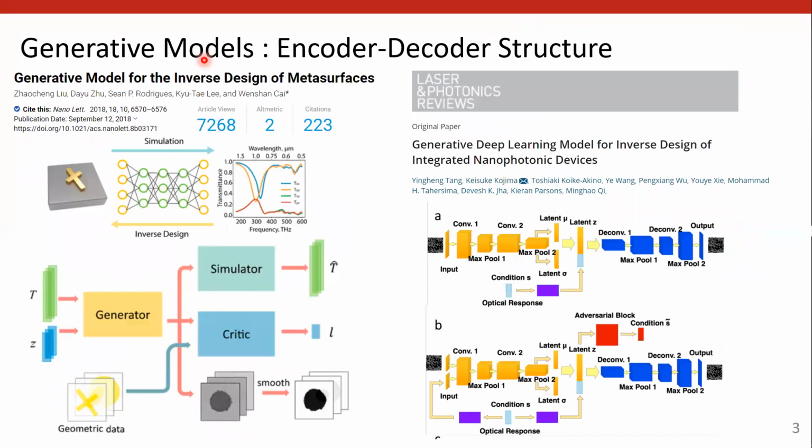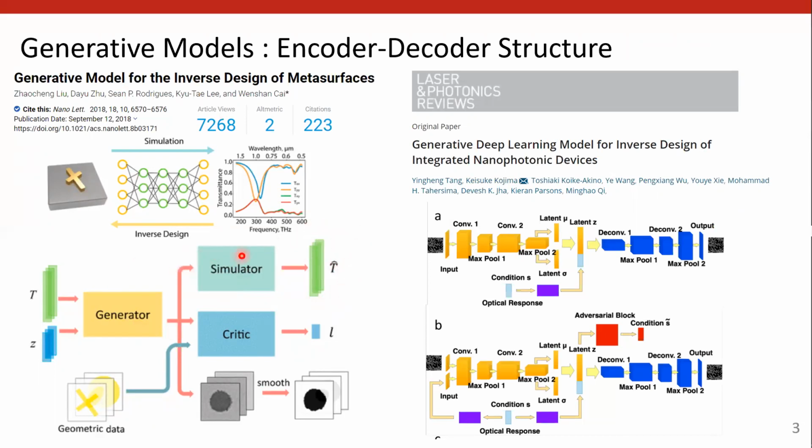And these works were extended to the use of generative models. The advantage of these generative models is that by the usage of this latent variable, for a given desired device performance, the network can output more than one device design.